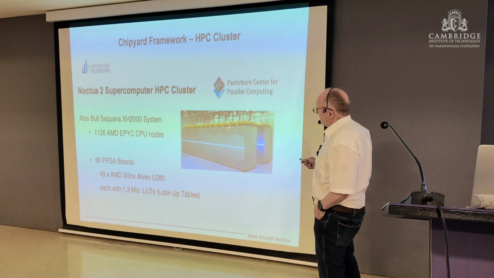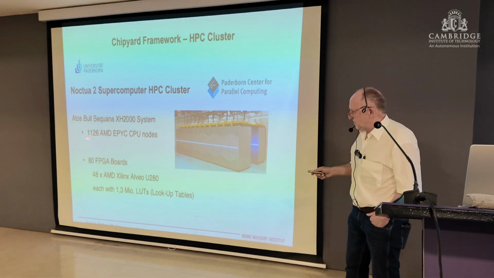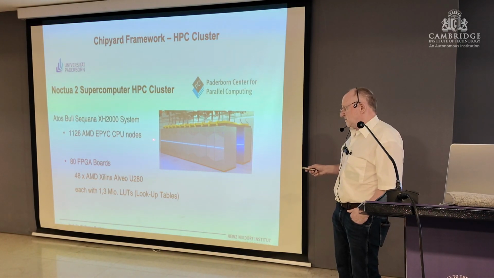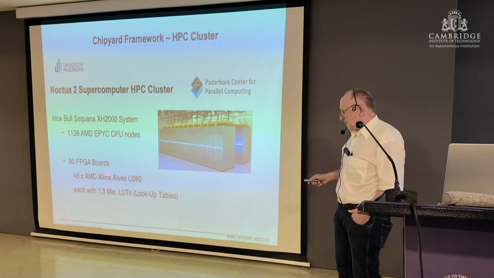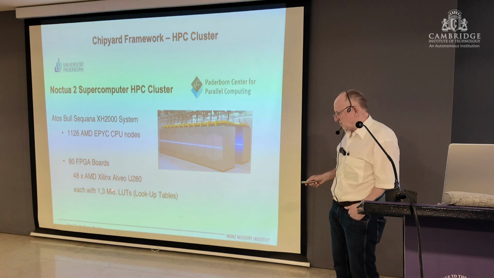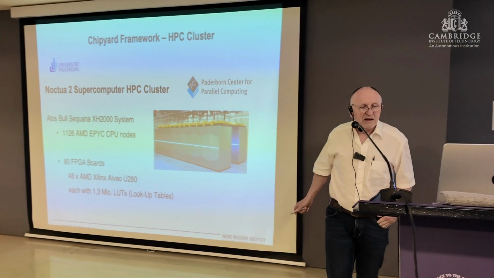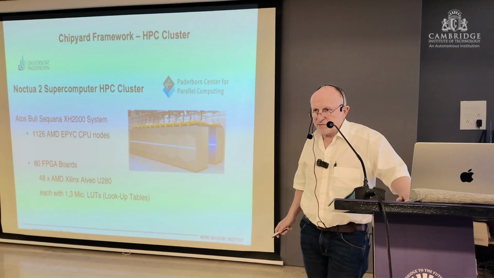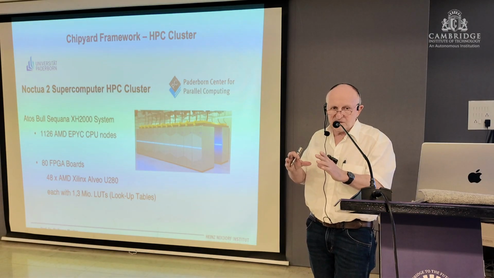Here is a very short overview of our high-performance computer cluster. It's equipped with 1,126 nodes with AMD high-performance CPUs. And then we have 48 FPGA boards, each, as I already told you, with 1.3 million LUTs. So this is a short characterization of our HPC center. This is why we couldn't use the small ones.